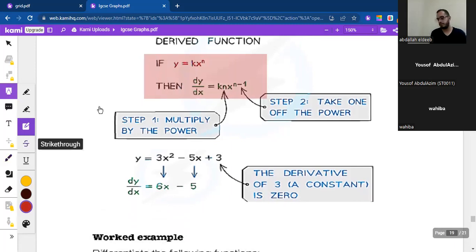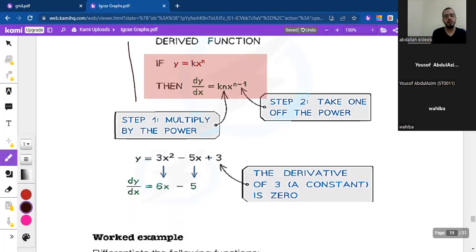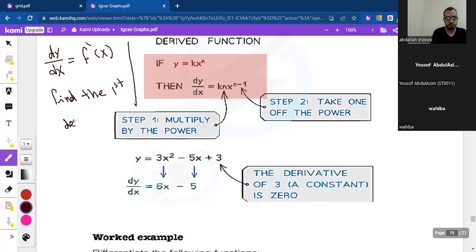By the way, dy by dx has the same meaning as f dash x, the same meaning as find the derivative, the first derivative.